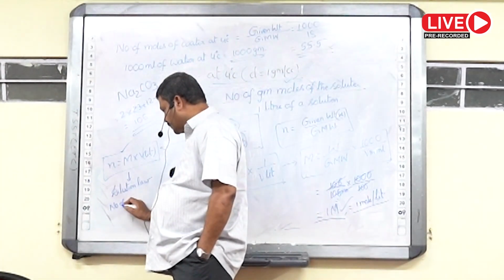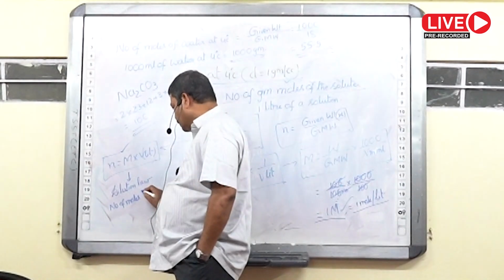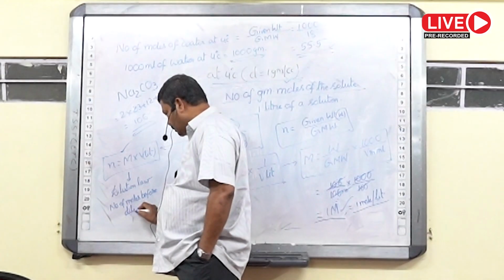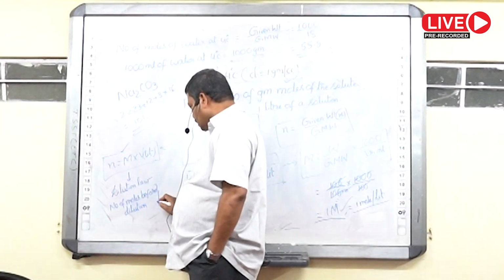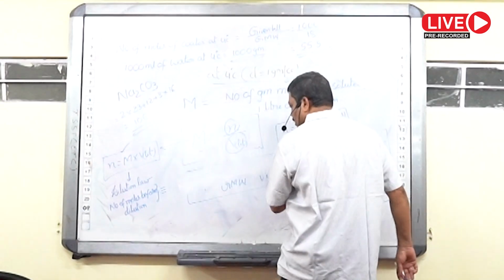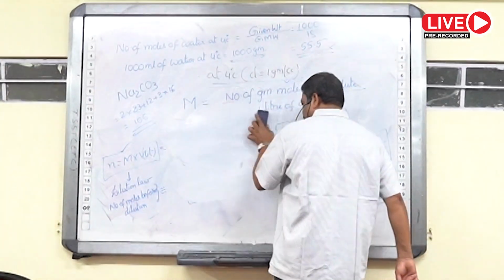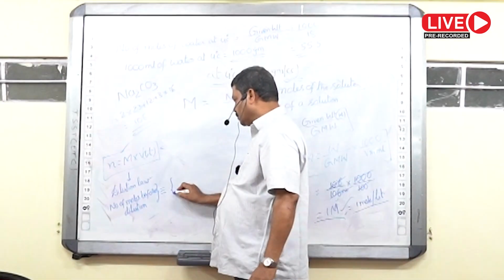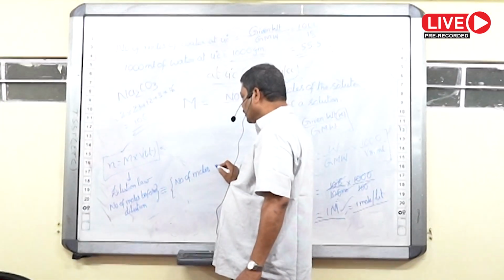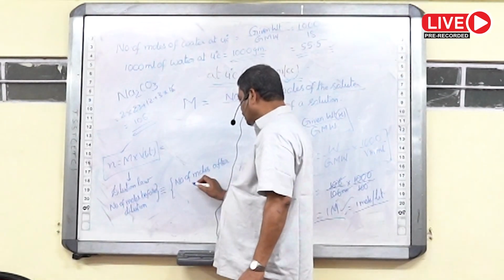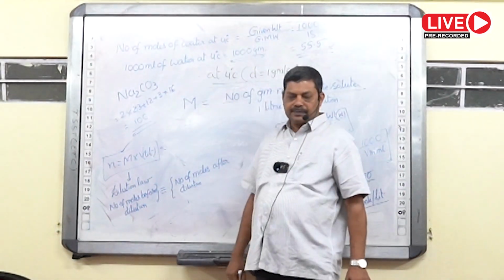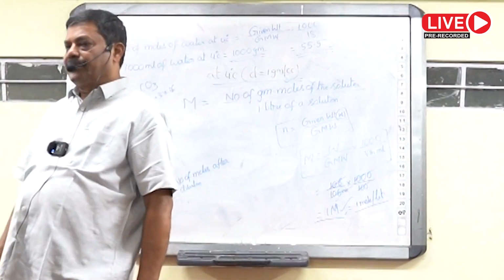Number of moles before dilution is identically equal to number of moles after dilution. Because what is the formula? N is equal to M into V.